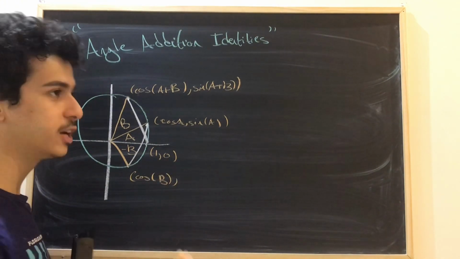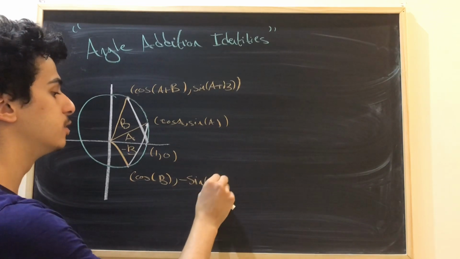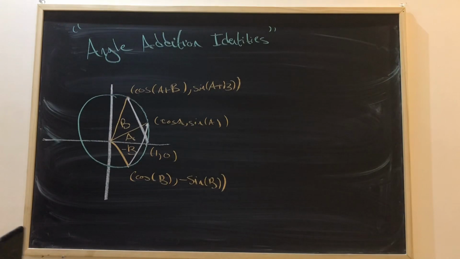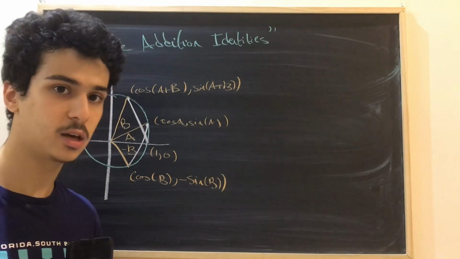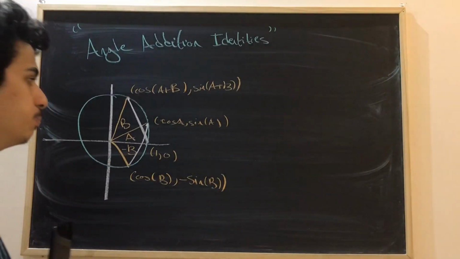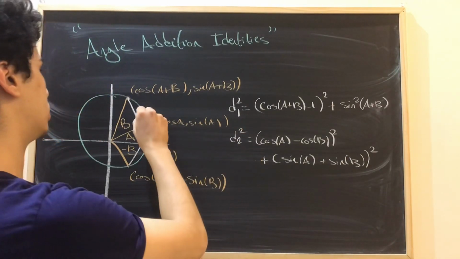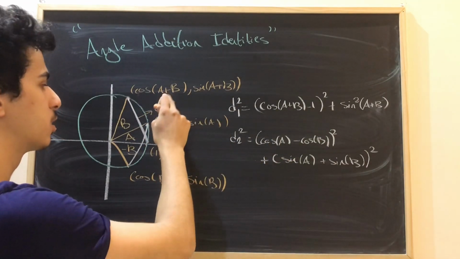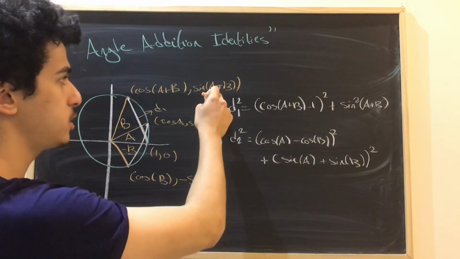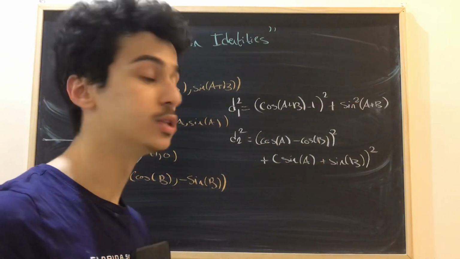And sine of negative B, which is equal to negative sine of B. And there we go, we have all our coordinates down. All we need to do is calculate the distance like we did previously and equate them. Okay, so I have gone ahead and written them down. We have d1, which is this one right here, is equal to cosine A plus B minus 1 plus sine A plus B minus 0, of course, squared respectively.